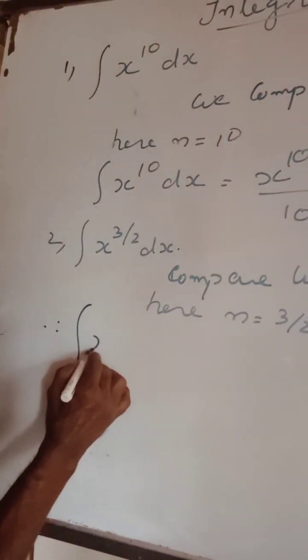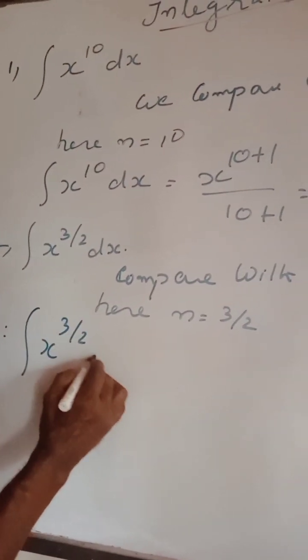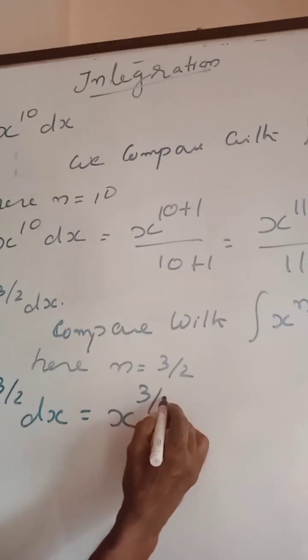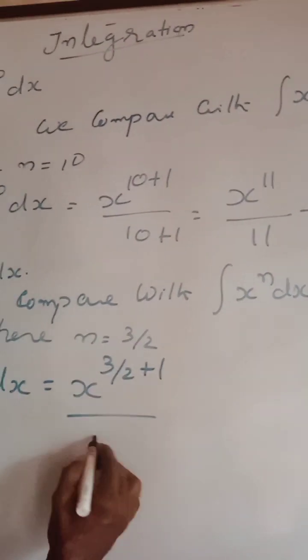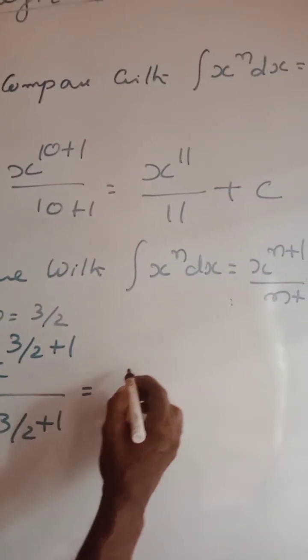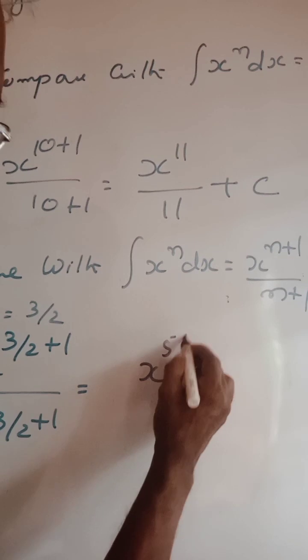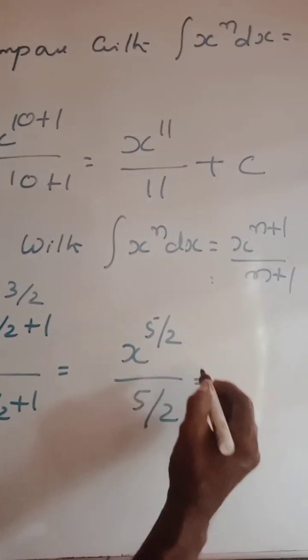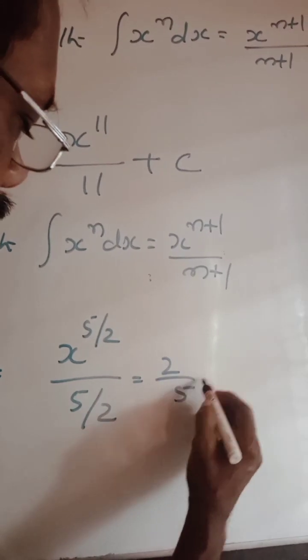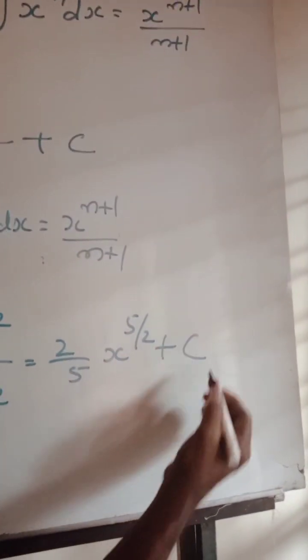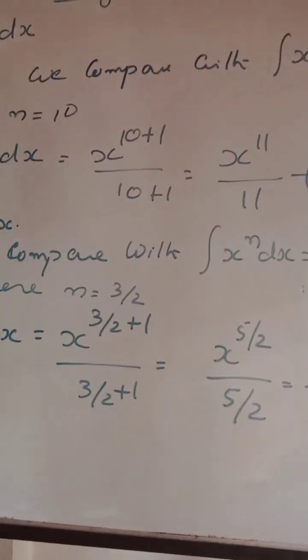Therefore, integration of x raised to 3 by 2 dx is equal to x raised to 3 by 2 plus 1 divided by 3 by 2 plus 1. This is equal to x raised to 5 by 2 divided by 5 by 2, is equal to 2 by 5 into x raised to 5 by 2 plus c, which is constant of integration.